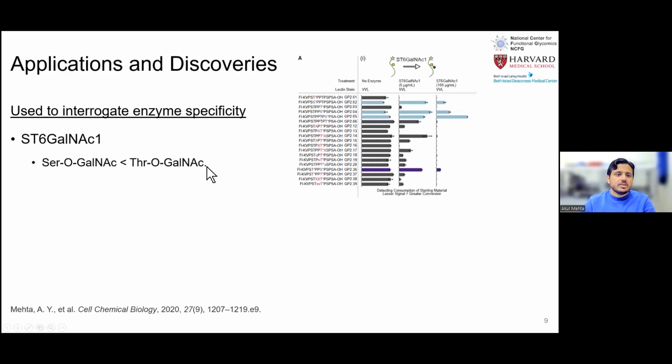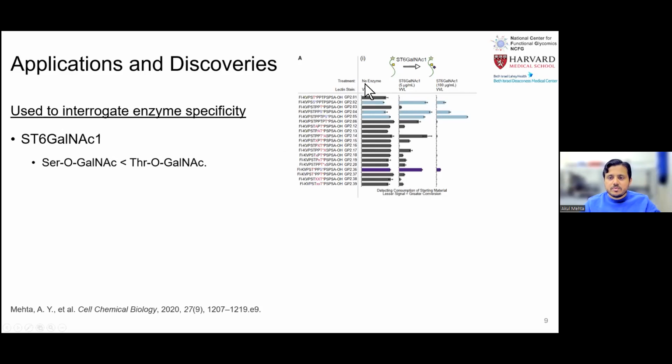The second application was to use it to interrogate enzyme specificity. So in this application, we checked for the enzyme specificity of ST6GalNAc1. ST6GalNAc1 is an enzyme which can put on the sialic acid at the 6th position, an alpha-2,6 sialic acid, on the GalNAc or Tn antigen to produce the STn antigen.